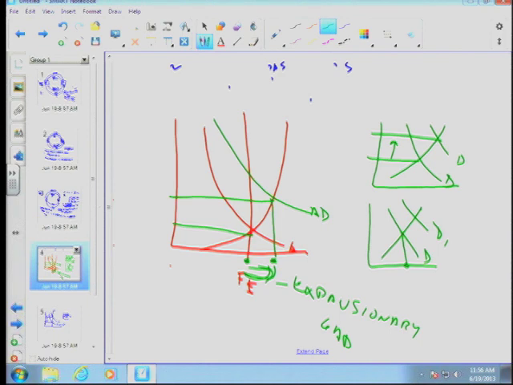What's going to happen when costs now begin to rise? What happens in this market to the supply curve when costs increase? Profits decrease, supply curve shifts in, okay? So what's going to happen now to this supply curve if costs rise? It's going to shift in.